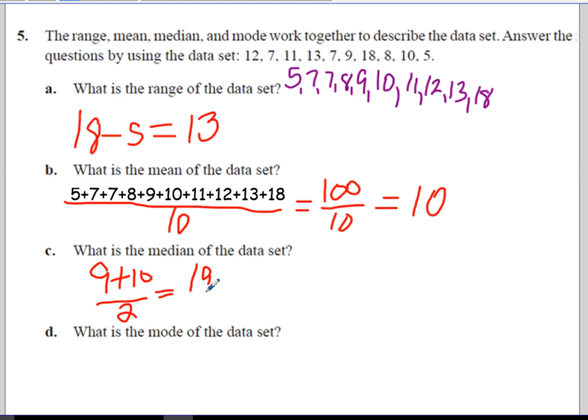So 19 divided by 2, and we can leave it as 19/2, but I like to see it as a decimal, 9.5. And then the mode, the only number that repeats itself is the number 7. So MO mode, MO most often gives us 7.